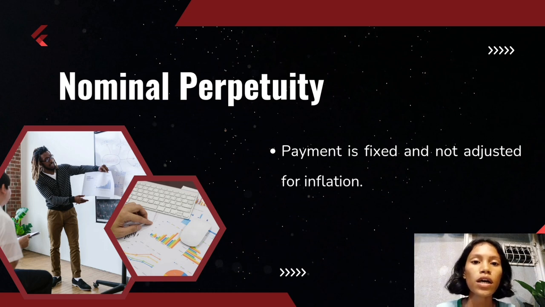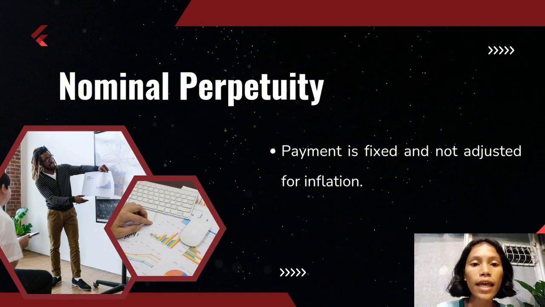So in a nominal perpetuity, again, there are fixed payments that do not change regardless of inflation. This means that the payment's real value, or kung unsa tong kaya mapalit, is naga-decrease siya every year as time goes by kasi ang prices is nagataas.